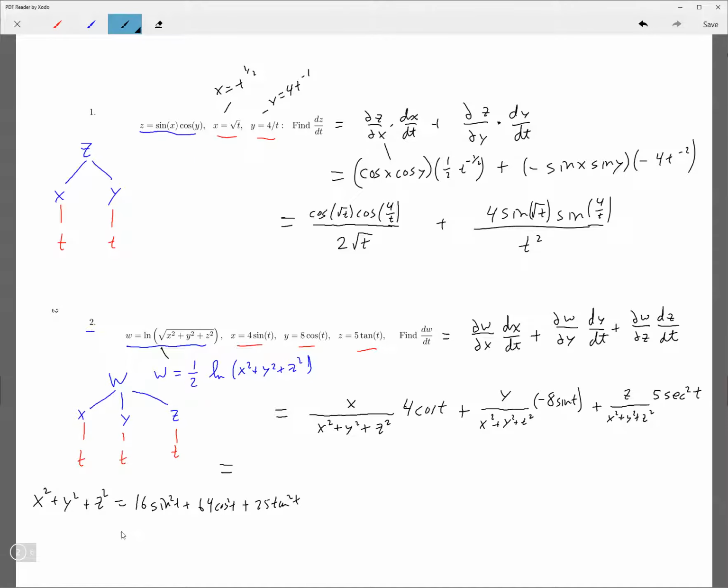Okay, so maybe there's a 16 that comes out, but then you're still going to have 64 minus 16, which is 48, right?